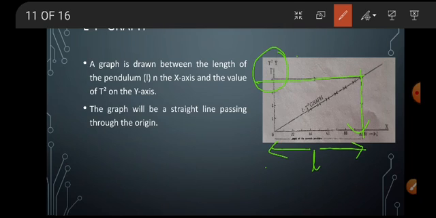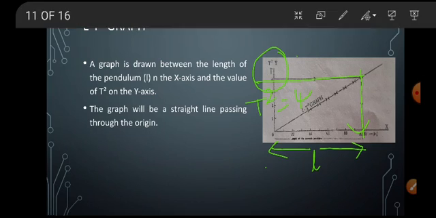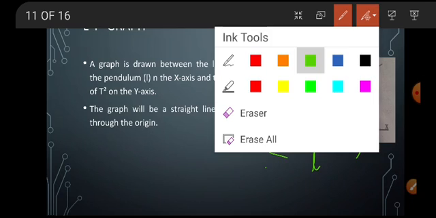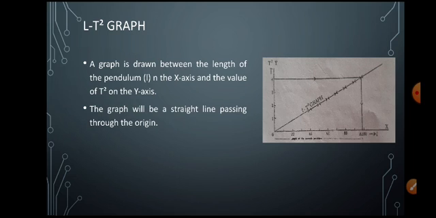So this is the length of the seconds pendulum. Here T square equals 4. By using this graph, you can find out the seconds pendulum length, and also you can find out the g value from this graph.